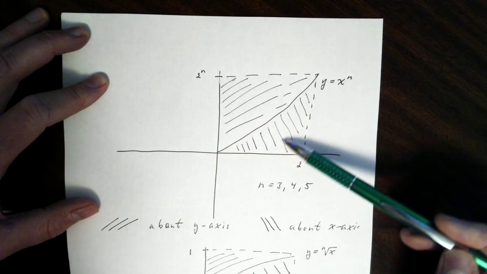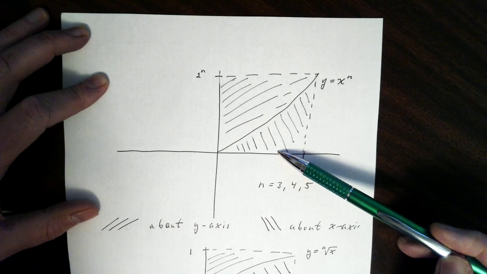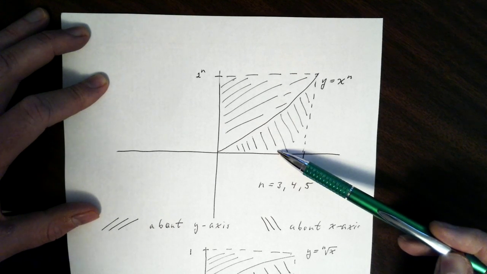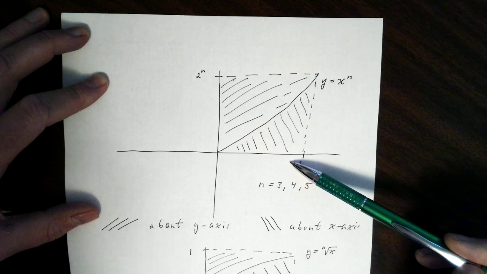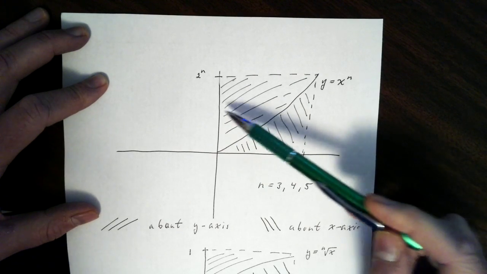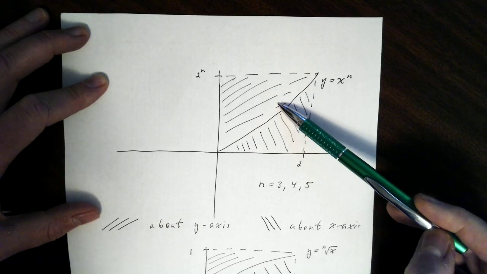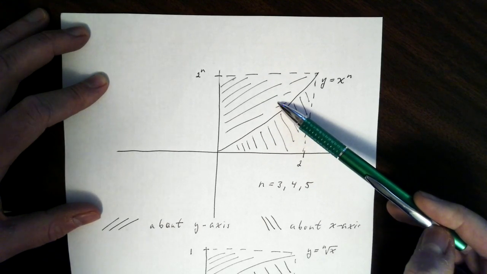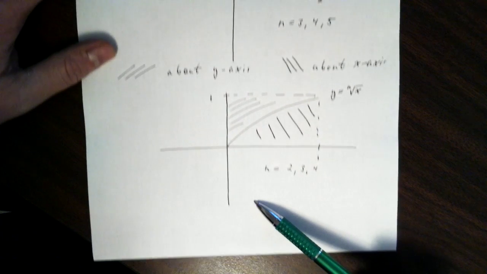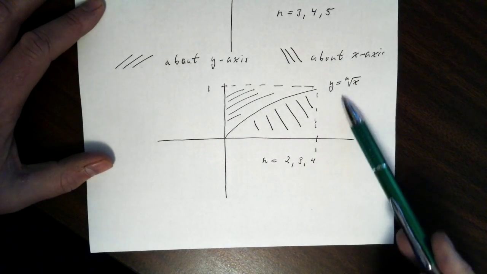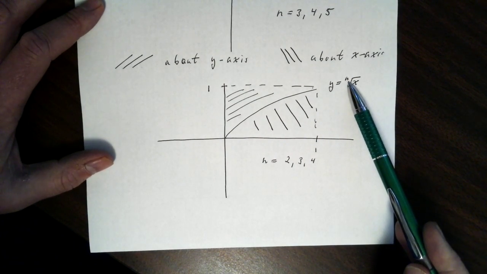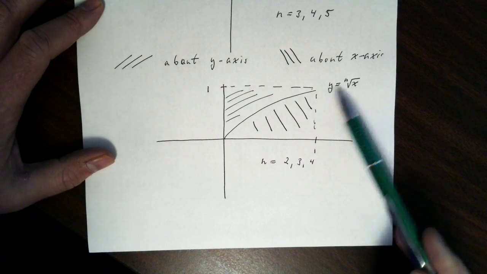When you rotate around the x-axis, you will have a variable of integration, which is x. So x will vary from 0 to 2. When you integrate around the y-axis, you'll be slicing horizontally. Your variable of integration will be y. Now, if you have a root, like the square root or the cube root or something like that, do the same thing.